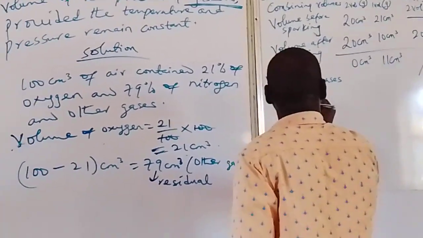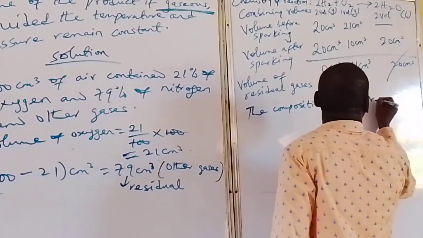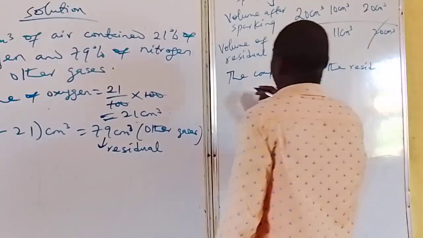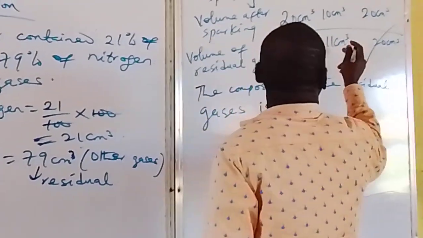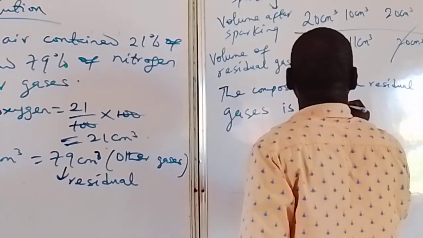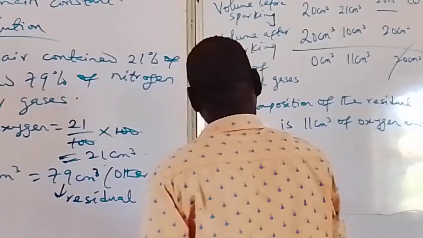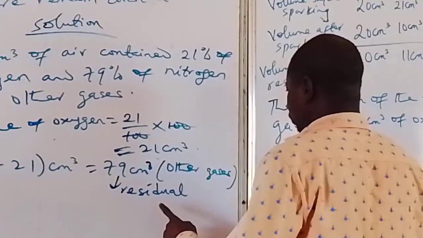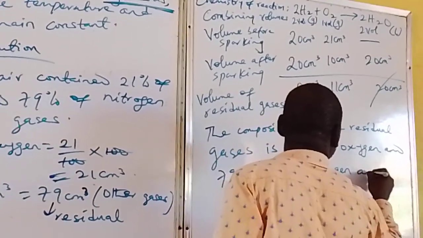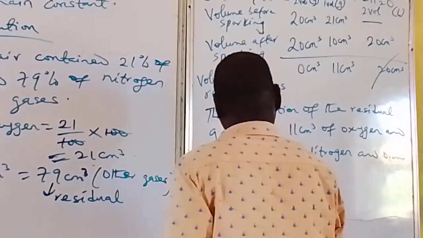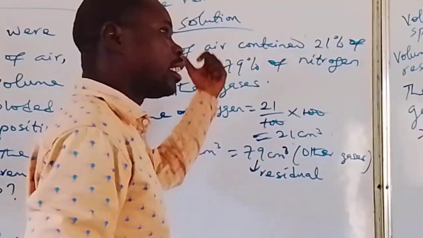The composition of the residual gases is 11 cm³ of oxygen and 79 cm³ of nitrogen and other gases, because in our first calculation we extracted oxygen out.